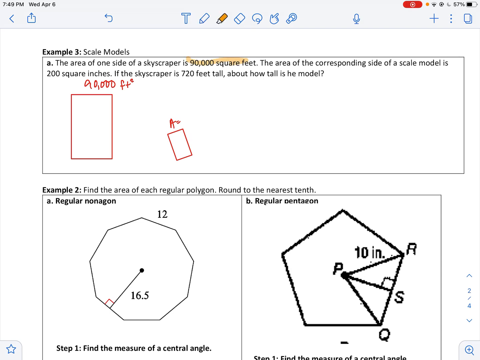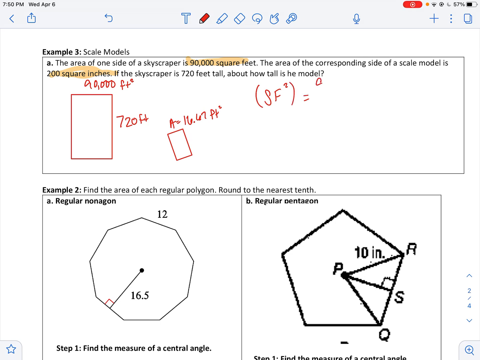So first thing we should do is convert, and then I'd like you to try to find the height of the scale model on your own. So here I know that my area is 200 square inches. It's 16.67 square feet.